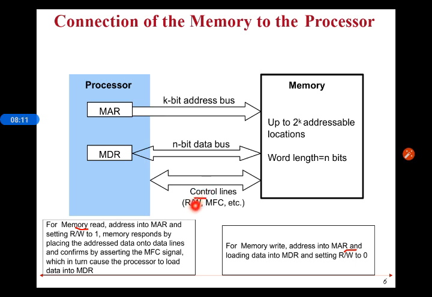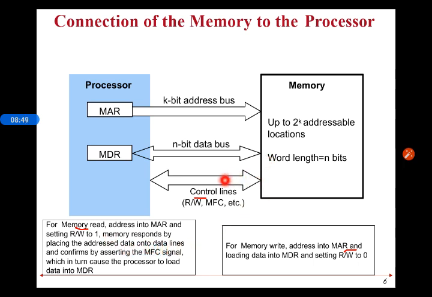And the memory response: the processor will put the address in the MAR and then it will activate the control line. Upon receiving this R slash W bar, the memory responds by placing the addressed data onto the data bus and confirms by asserting the MFC signal.